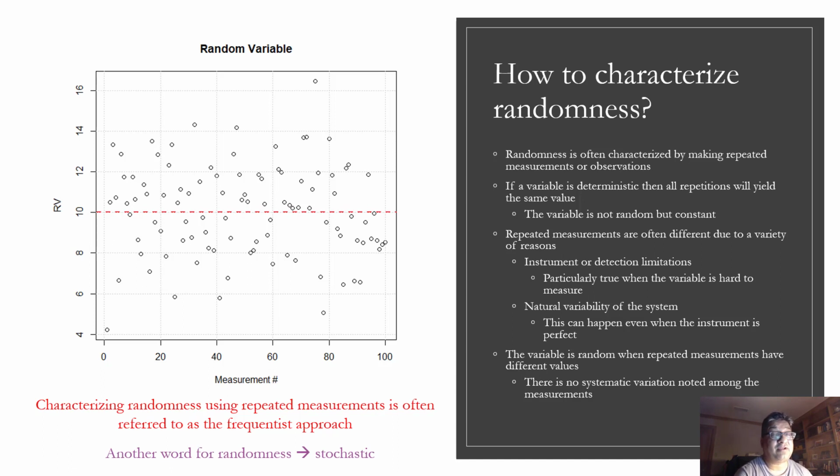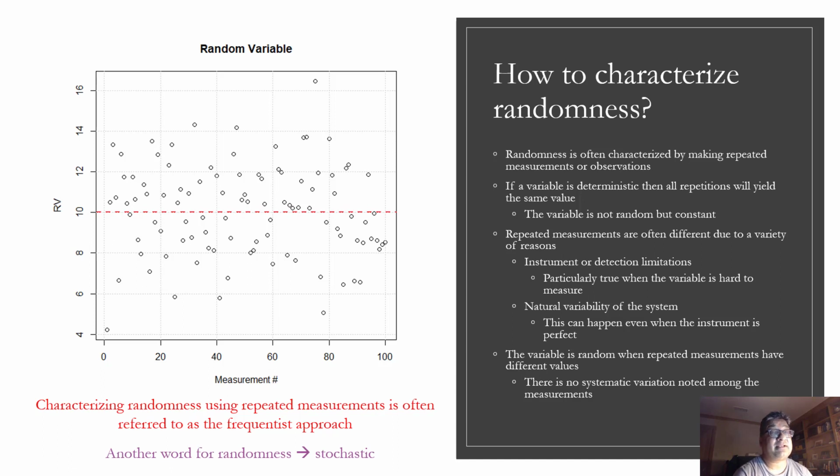If I measure the wind load in the morning, it's going to be very different from in the afternoon. And the same thing, it could be higher during certain times of the year and lower during certain times of the year. So repeated measurements are often different because either we have instrument or detection limitations, or we have natural variability in the system.